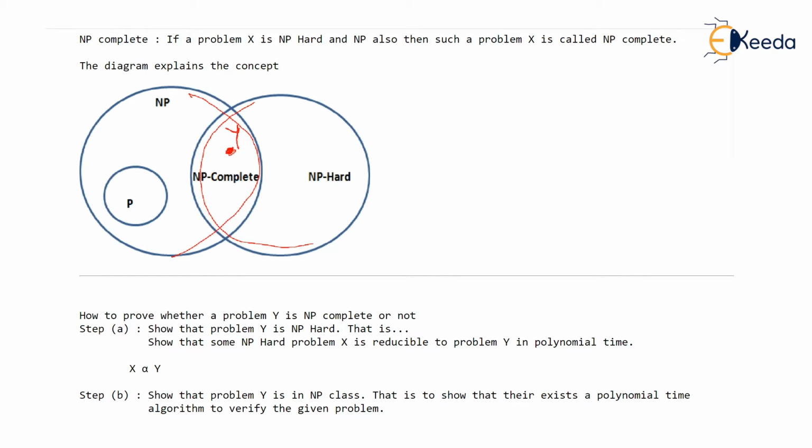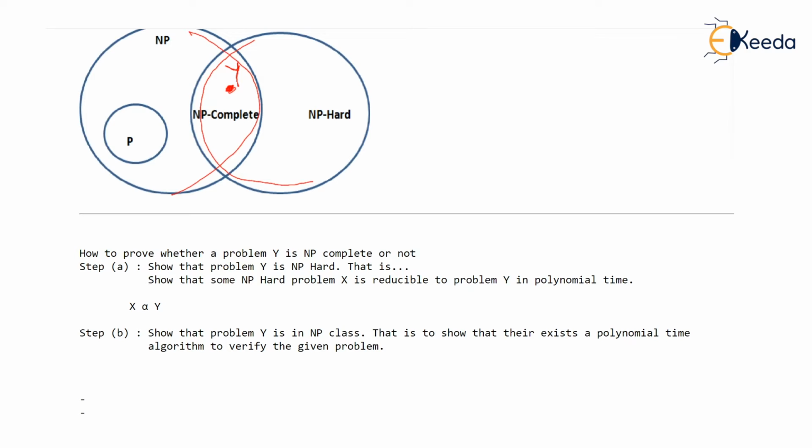You have to find a polynomial time algorithm for verification. I hope you have memorized the definitions. Step B is to show that problem Y is in NP class, that is, to show that there exists a polynomial time algorithm to verify the given problem. If you are able to do these two things, then surely you can prove that Y is NP complete.